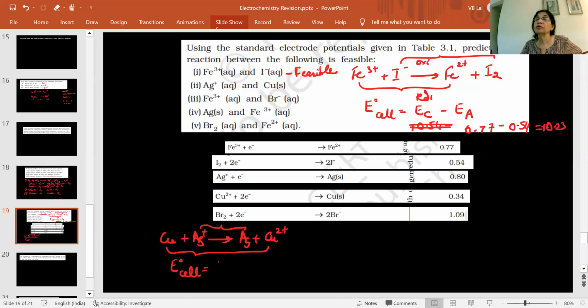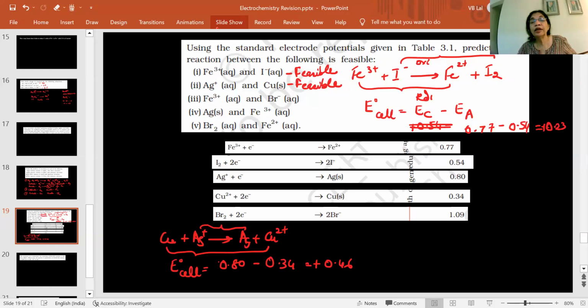Cathode is where reduction is taking place. So silver I will write first: 0.80 minus anode. Anode is where oxidation is taking place. So that is copper, minus 0.34. So that should come to 0.46. This is also positive. So this is also feasible.